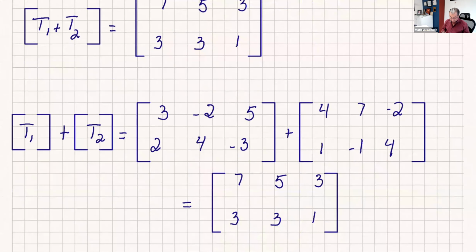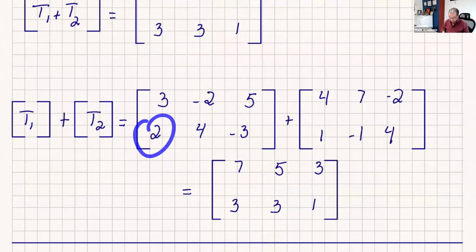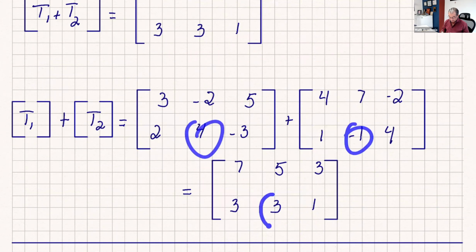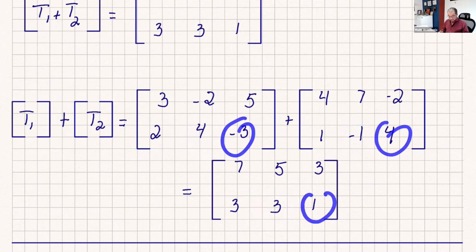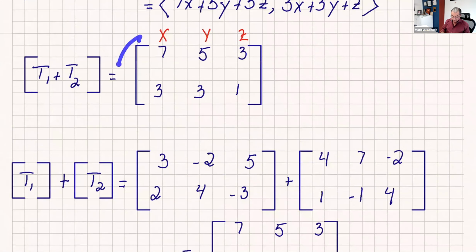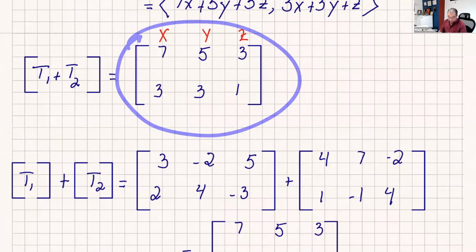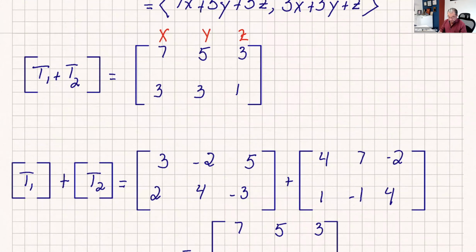And 2 plus 1 is 3. 4 minus 1 is 3. And -3 plus 4 is 1. And as you see, we get the same matrix as when we added the transformations without using the matrices, and then came up with the matrix.